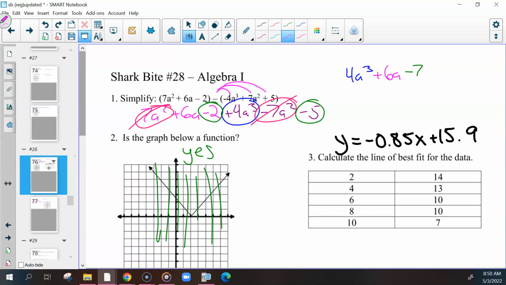Just a reminder, if you did not do the Khan Academies that were due on Friday, go back and do them. I think there were 4. 2 on quadratic characteristics and 2 on, what were we doing before that? Dividing polynomials.